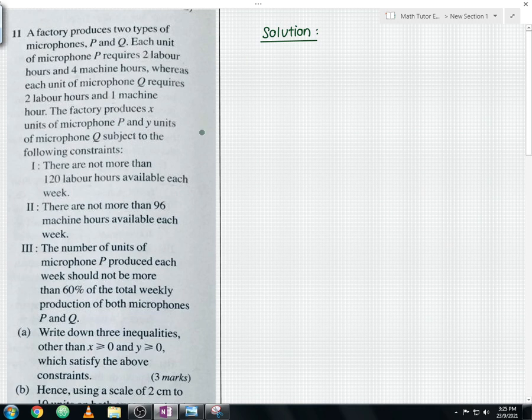As you take a look at this sentence, it mentioned that the factory produces X units of microphone P and Y units of microphone Q. So from here, we can straight away write this information in our working, where X is representing microphone P and Y is representing microphone Q.